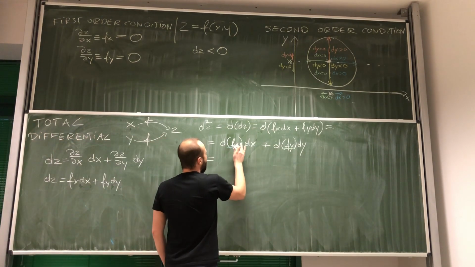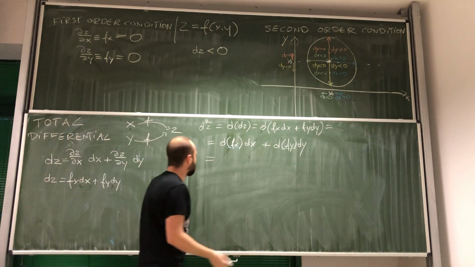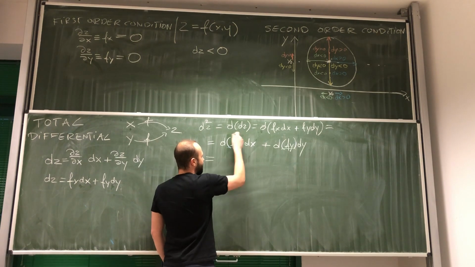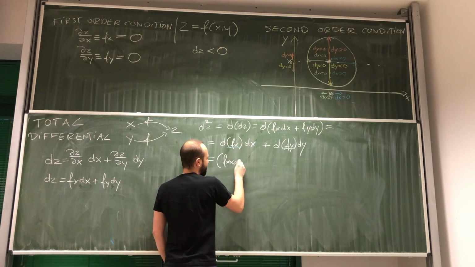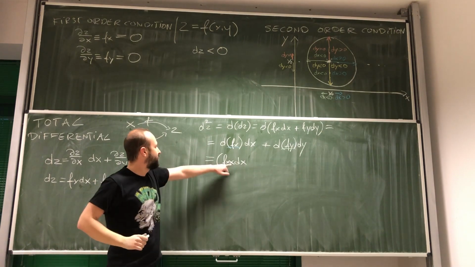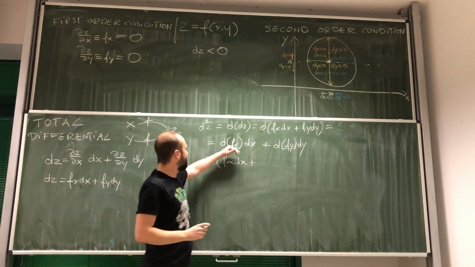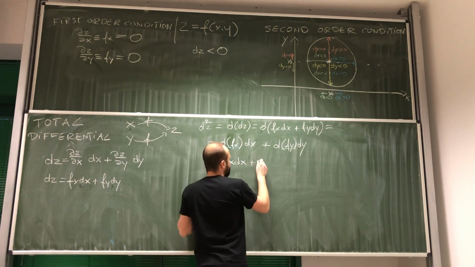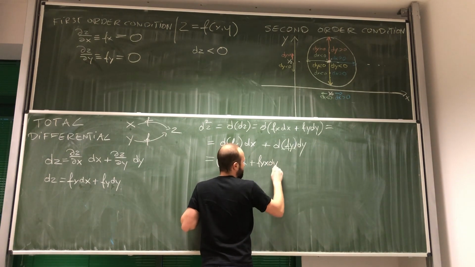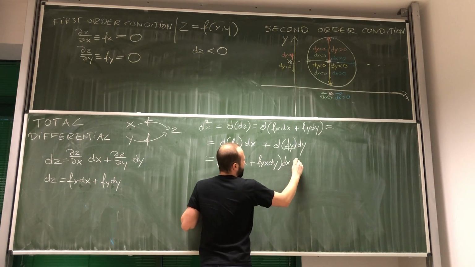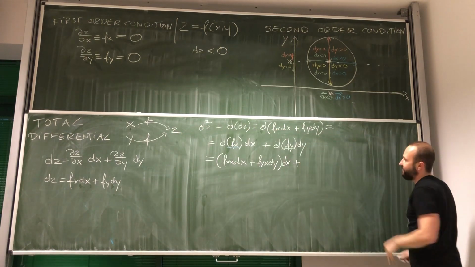So here we can differentiate this expression with respect to x and with respect to y. We're going to get fxx dx, and then differentiating with respect to y, we get fyx dy times dx. Now we need to repeat exactly the same steps for fy.